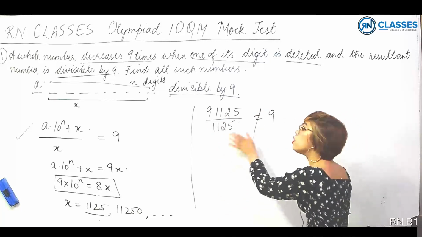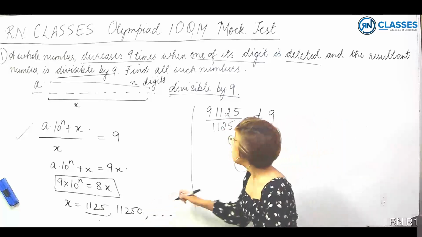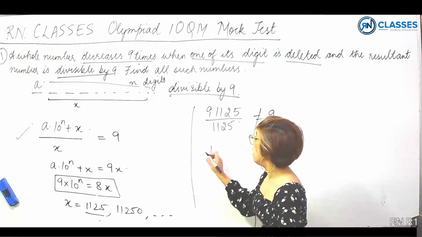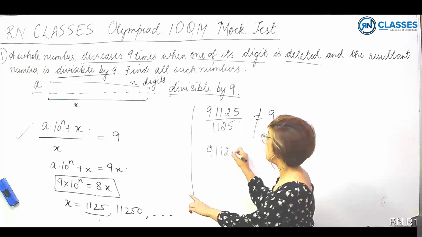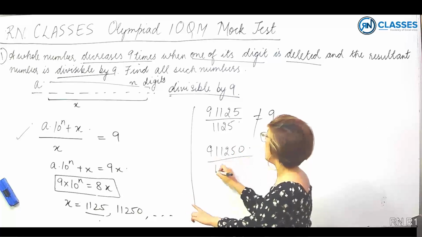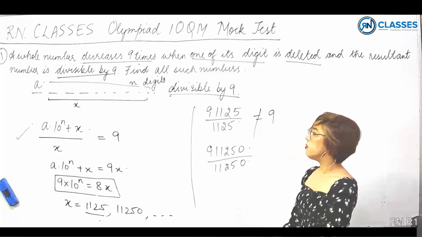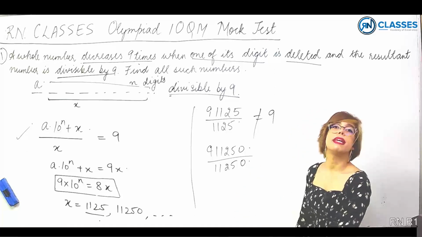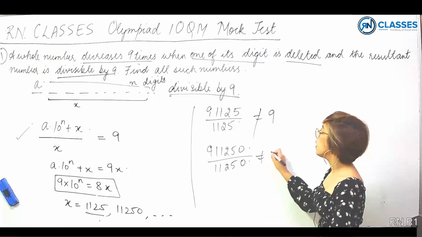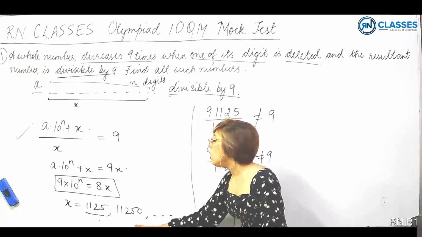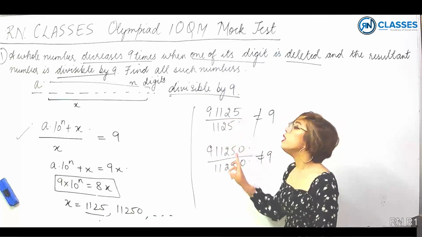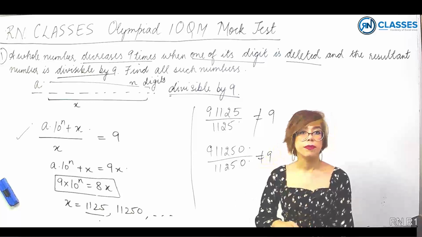This does not satisfy the condition. Next, let's check 11250. We divide by 11250. Do you think this will divide? The 0 is cancelling anyway, so obviously this is not equal to 9.